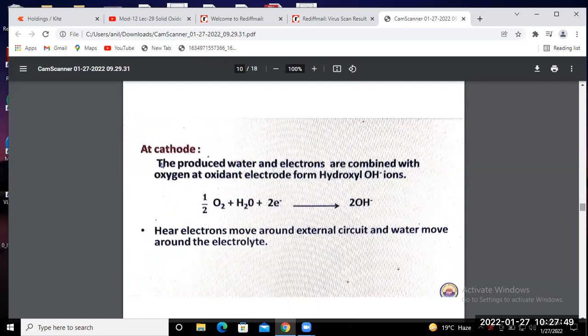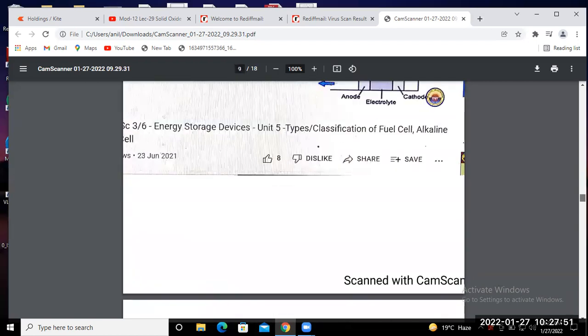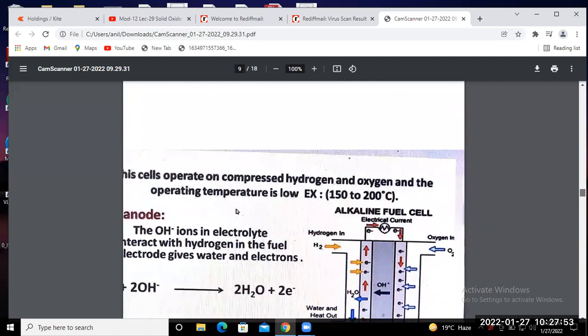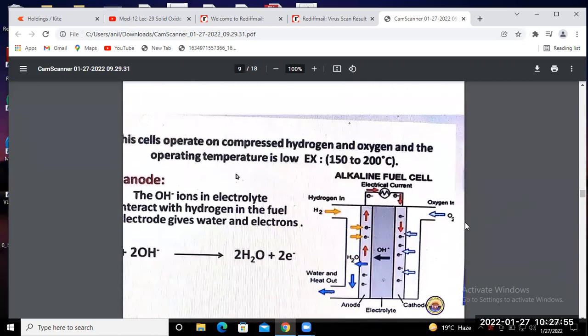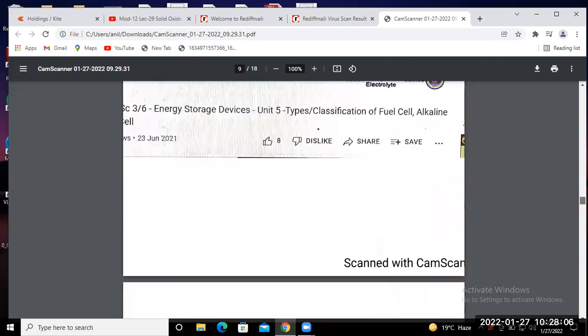So 1/2 oxygen here, and two electrons make the hydroxyl ion OH minus.